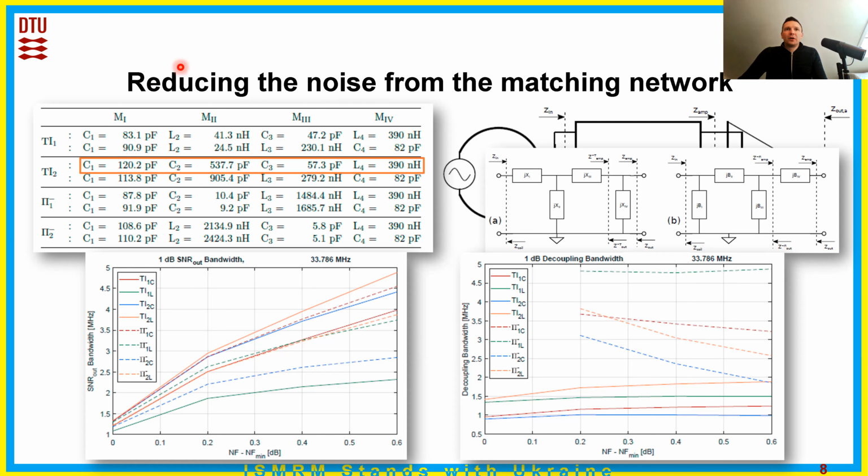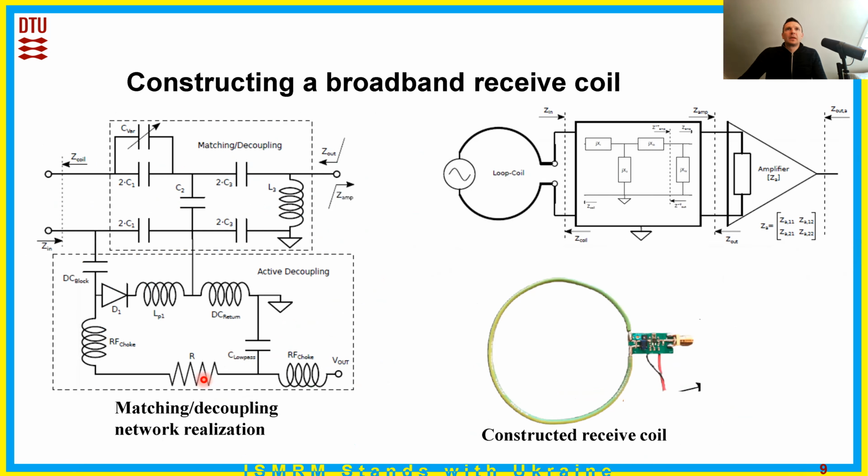From the graph on the bottom, you can see that in order to cover the Larmor frequencies of carbon, sodium, and xenon nuclei in 3 Tesla scanners, a bandwidth of 3.2 megahertz is required, and approximately 0.3 dB noise figure has to be sacrificed if we choose the network represented by this orange curve. The network was split for symmetry, and an active decoupling network based on a PIN diode is co-integrated.